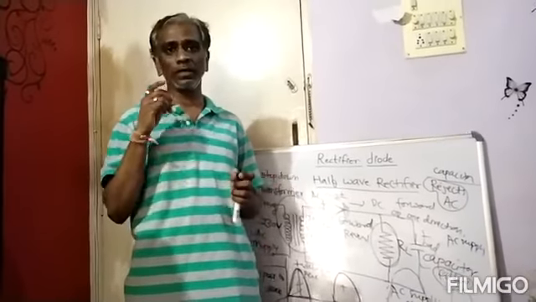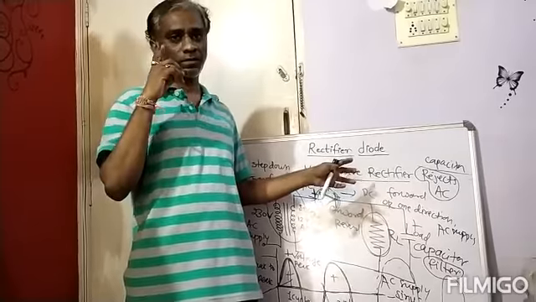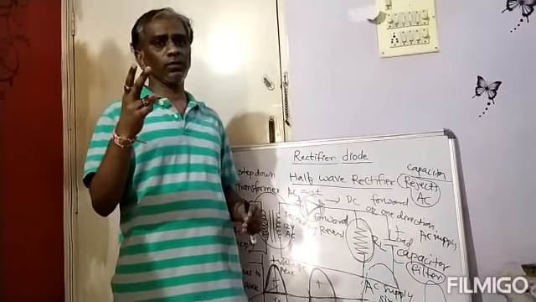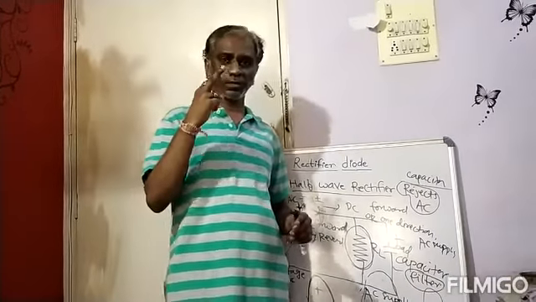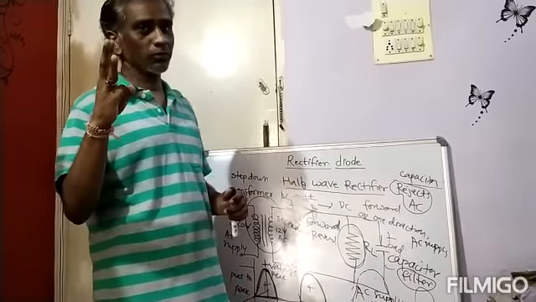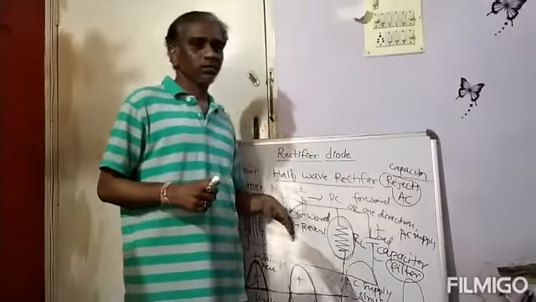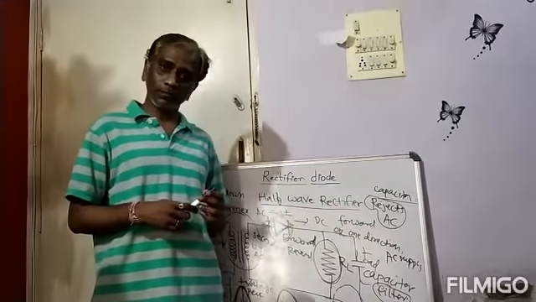In the bridge rectifier we use 4 diodes. In half wave we use a single diode, in full wave we use 2 diodes, and in the bridge rectifier we use 4 diodes. So in the next topic I will explain the full wave rectifier and bridge rectifier.